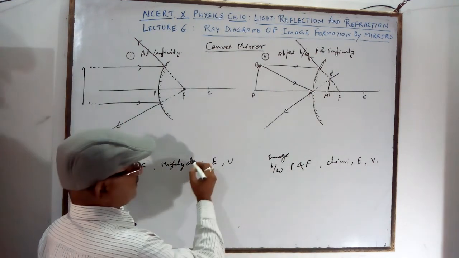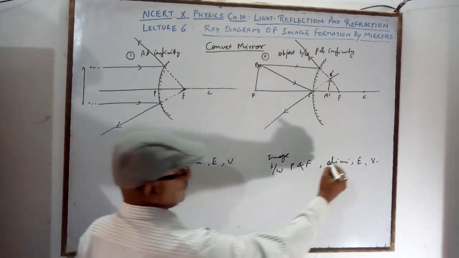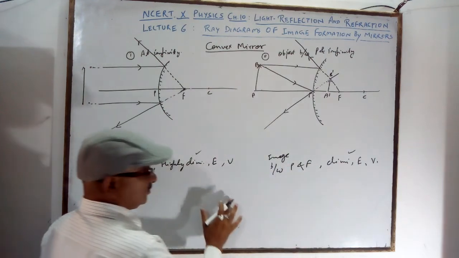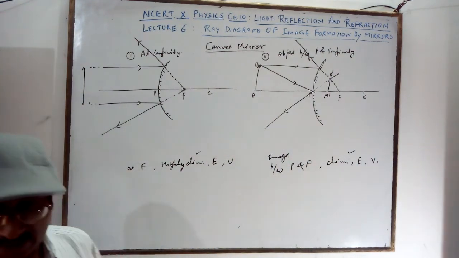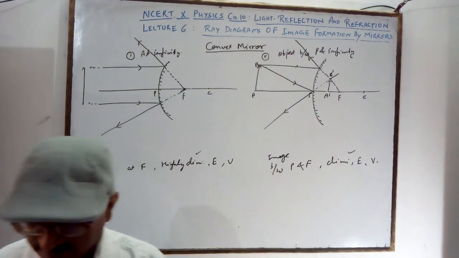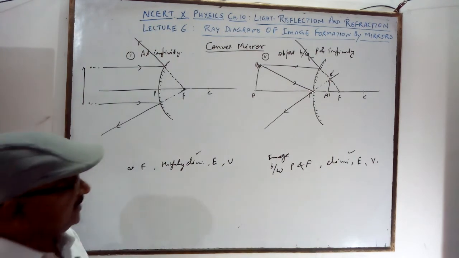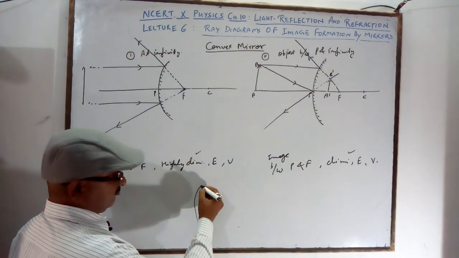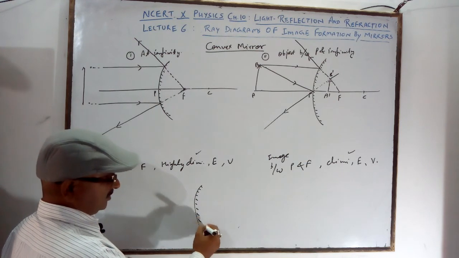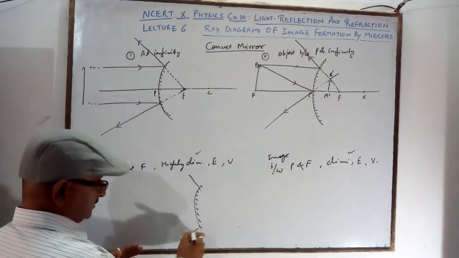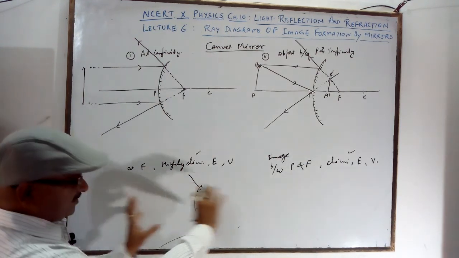Due to this property, in both cases the image is erect and virtual, so it is used as a rear view mirror. It has a wide range because of its curve. This is the range in which all the images will be formed.